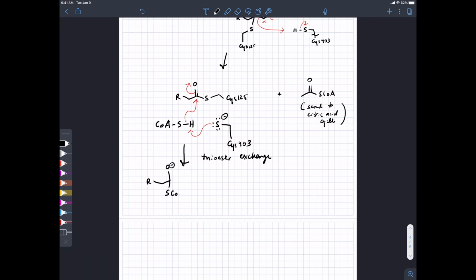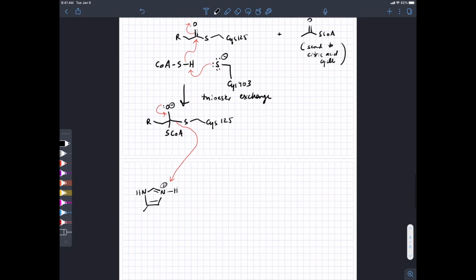because we're basically going to swap out one thioester for another. Electrons will kick down, cysteine leaves, and on its way out, it's going to steal its proton back from histidine, whatever on earth it was, 375.